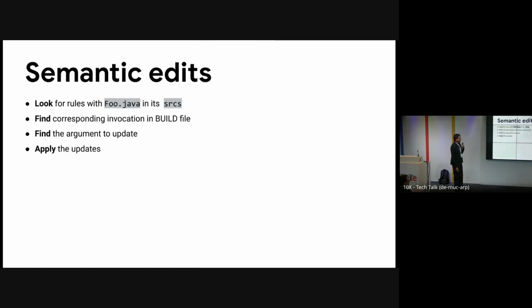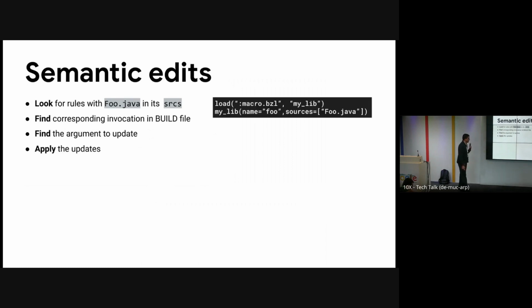The other way to do it is what I call semantic edits. So you start with a source file and use Bazel query again, and look for rules in the package which has foo.java in its sources, right? So let's say this is your build file. You're loading mylib, which has a macro and has sources equals foo.java.